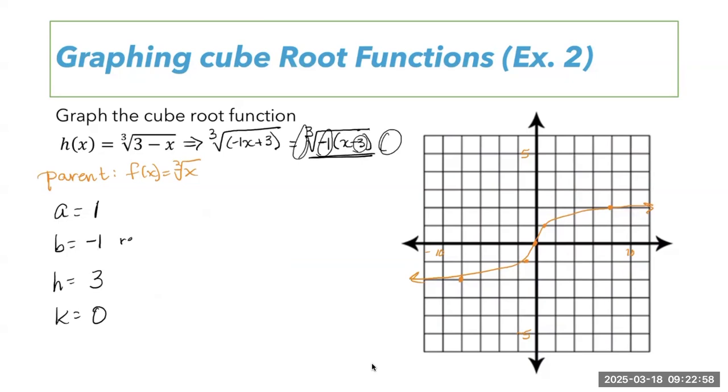So here we're going to have a reflection through the y-axis, since it's the b that's negative, and then our h is going to move 3 units to the right.